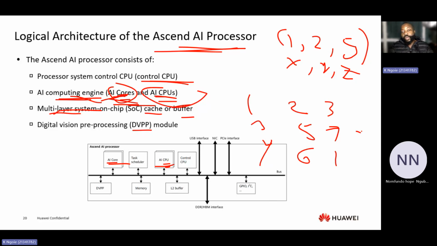So this is going to help even in reusing the same data when, for example, you're dealing with convolutional operations in CNN. So the multi-layer SoC cache or buffer is going to help with that. How does it help? It kind of keeps a certain memory, just like on your computer.